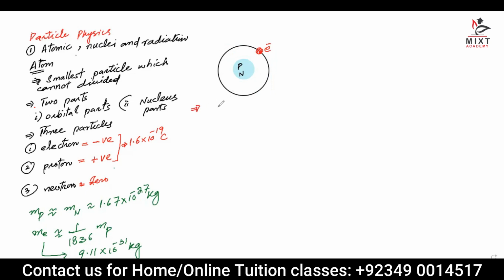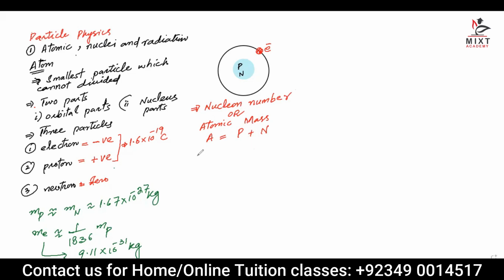So we can say that the nucleon number, or atomic mass, which is denoted by A, is basically the sum of protons plus neutrons.